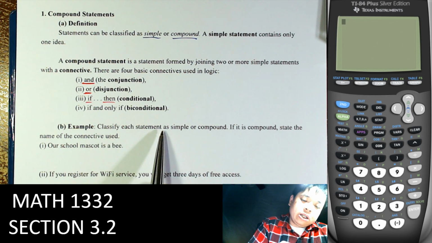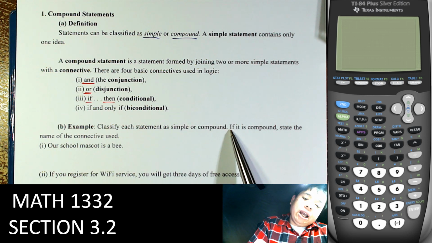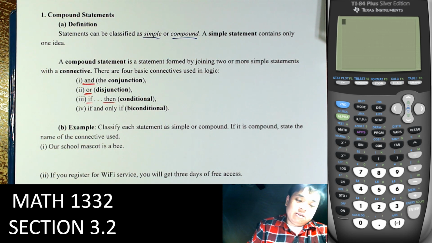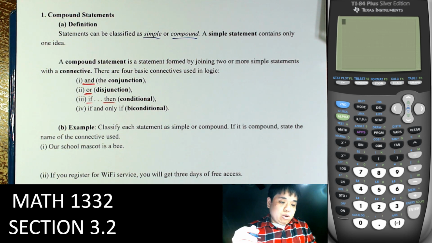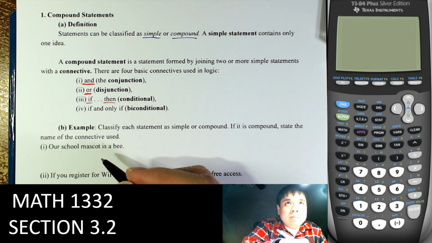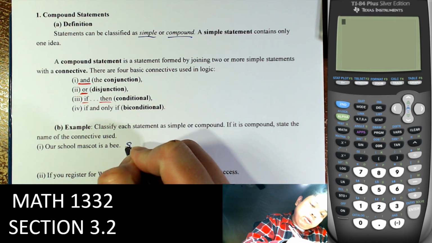Classify each statement as simple or compound. If it is a compound statement, state the name of the connective used. Our mascot is a bee, so that's only one idea. So this is simple.